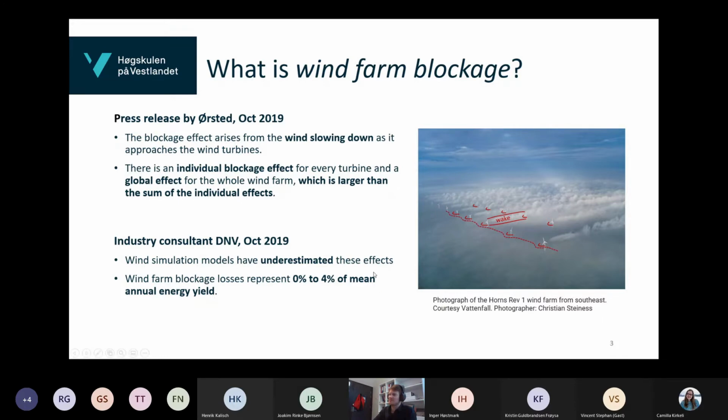So what do we do about it? We want to investigate this in a very basic manner at lab scale, and we want to see if we can see those blockage effects in small wind farm arrangements.